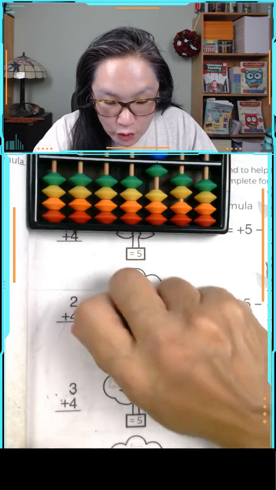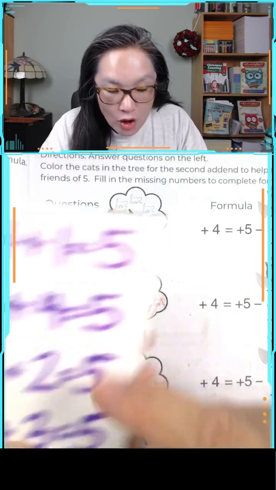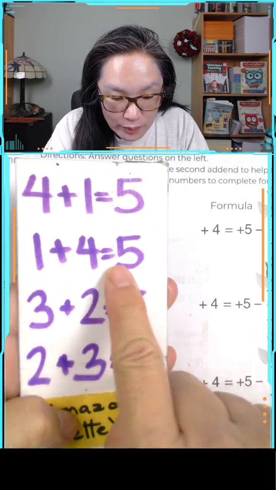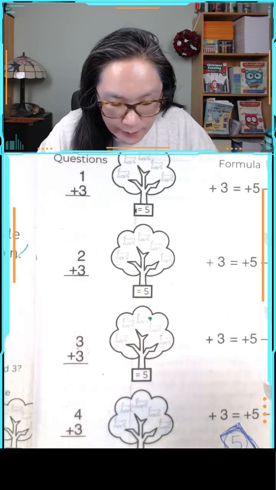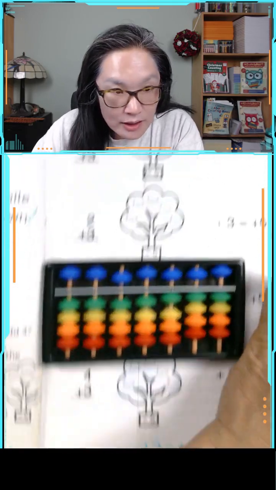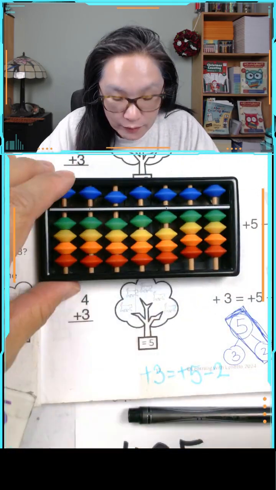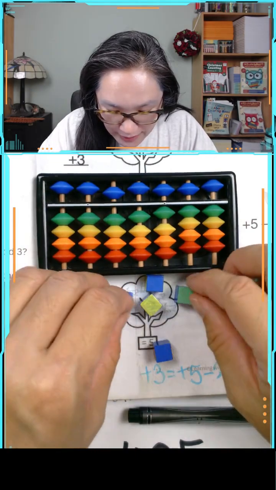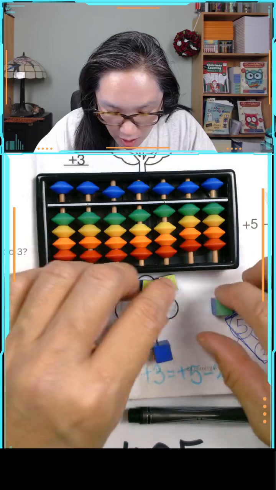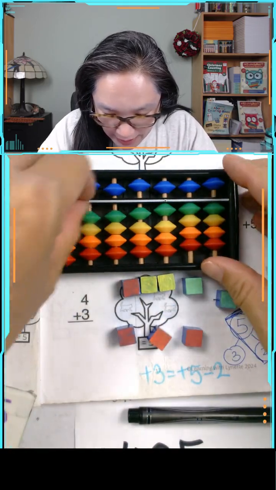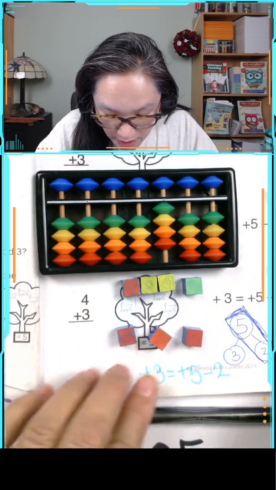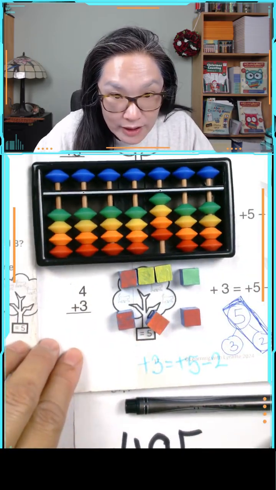You know what, we could do it again. These are all the concepts. We do 1 plus 4, 3 plus 2, 2 plus 3. Let's do the 3. It's the same thing. Now we're compounding our information. We have 4 on the abacus. I want to add the 3. Guess what? There's not enough room to add the 3.